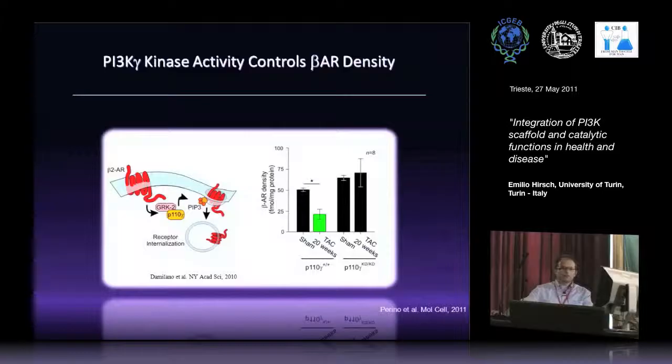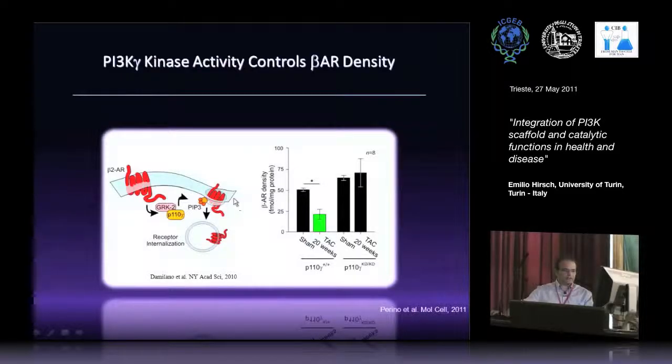It is well known, both in mice and in humans, that shedding of adrenergic receptors is a typical hallmark of heart failure. And actually, one of the effects of the few drugs that help patients with heart failure, beta blockers, in the long run, is to restore adrenergic receptor densities at the plasma membrane.